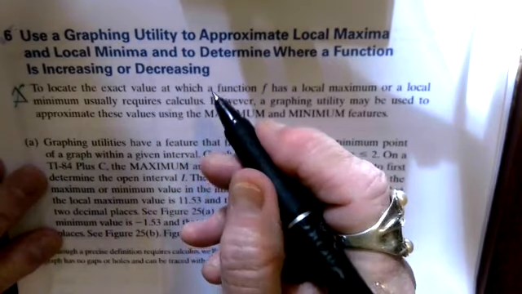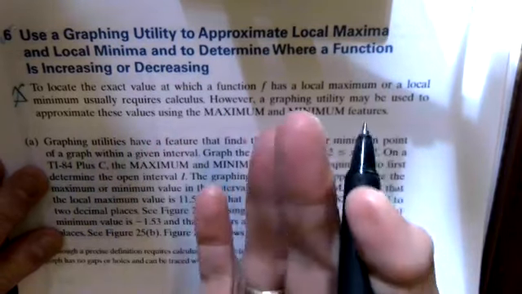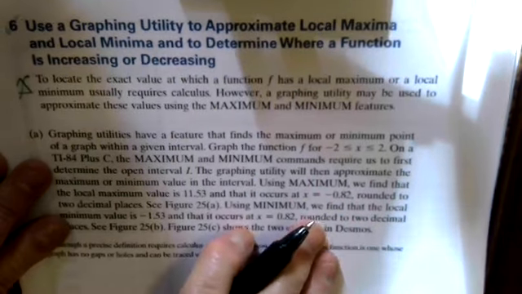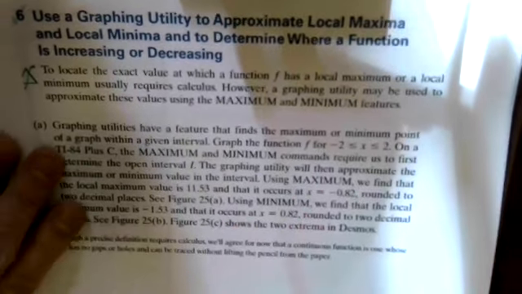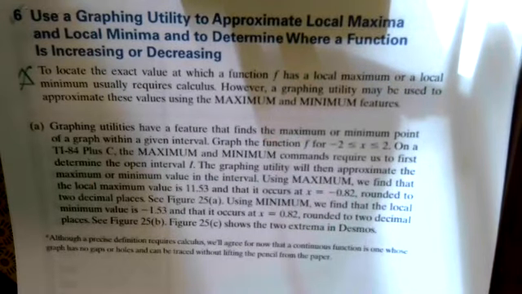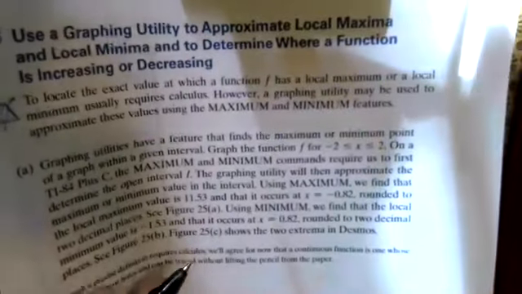But a lot of times we just say, what is the absolute max or the absolute min of a function in a particular interval? And we don't have it labeled, so we need to figure that out using our calculator. So that's what we have here. I've got my calculator. Go to the next page. And let's see, what function was this?